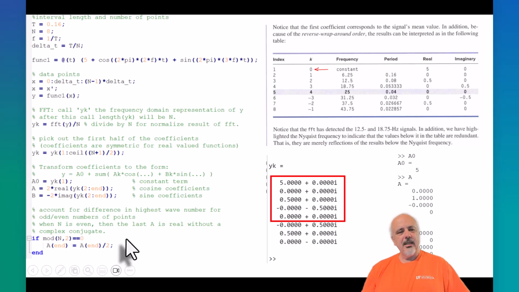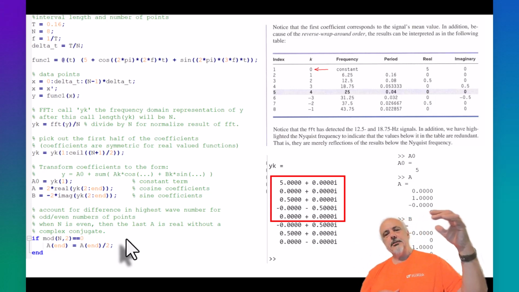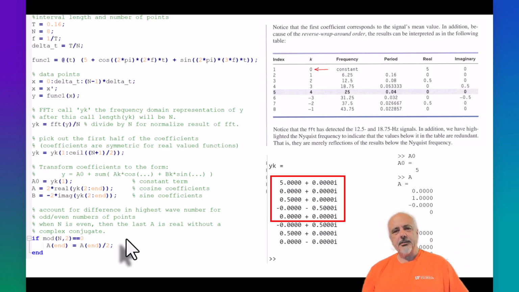Okay, and then there's a quirky thing that happens with odd n versus even n. In this case, it's an even n. So in the case of an 8, for example, you take 8 and divide by 2, and that particular harmonic will always be real. Here it's all 0, 0. If n is even, that mid harmonic, the fourth harmonic here, will be real, and it won't have a conjugate.